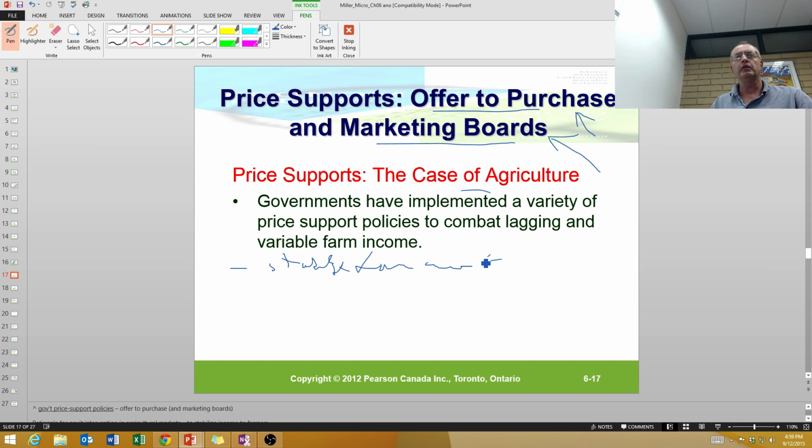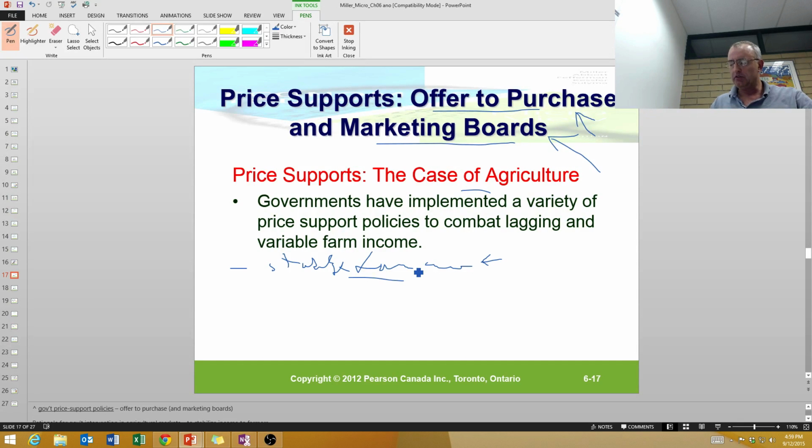Farmer income can be highly variable in the short run due to uncontrollable factors. We all know that there can be so-called weather events, snow in the middle of summertime, tornadoes, hurricanes, and whatnot that can destroy crops, and so those forces of nature can have an adverse impact on farmer incomes.